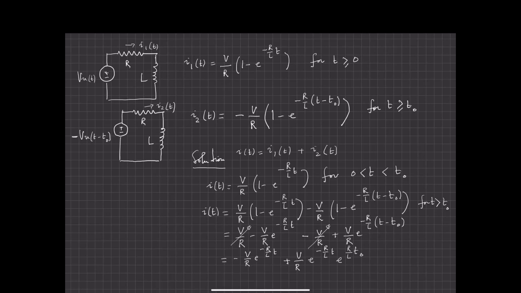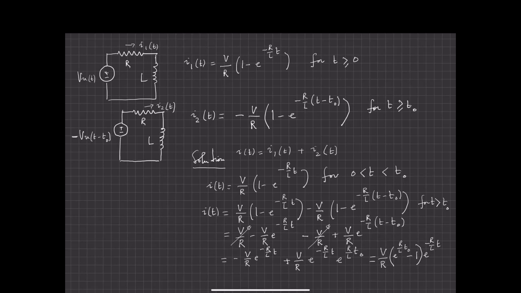I should have done this more to the left, but let me see if I can squeeze it in here. So let me combine these two terms, and this simply becomes V over R, e to the plus R over L t naught minus 1, times e to the power of minus R over L t.